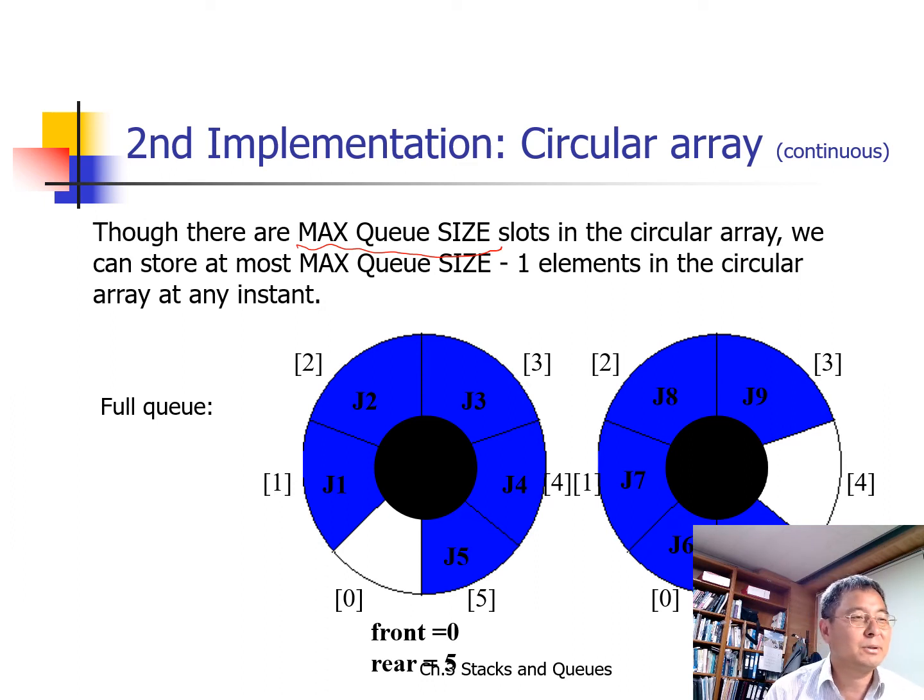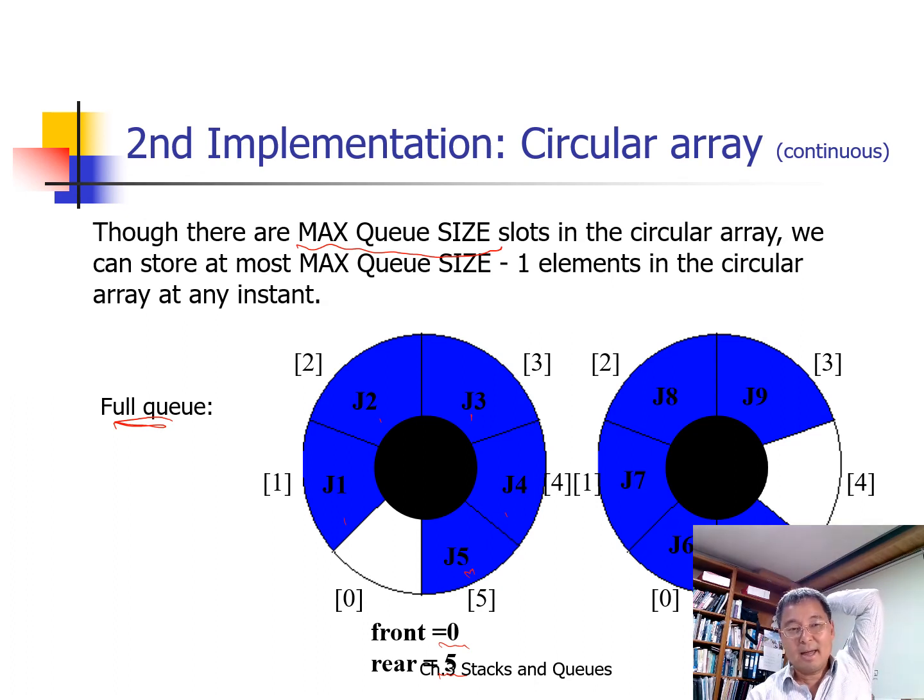If all of the elements are filled, it is a full queue. So J1, J2, J3, J4, J5 are inserted. It becomes full, with front index 0 and rear index 5.